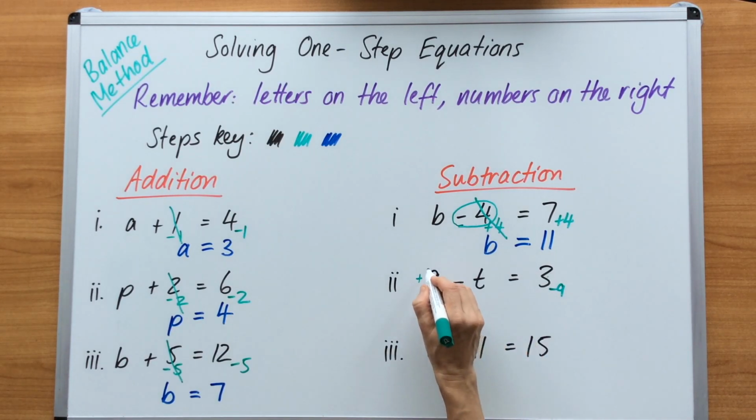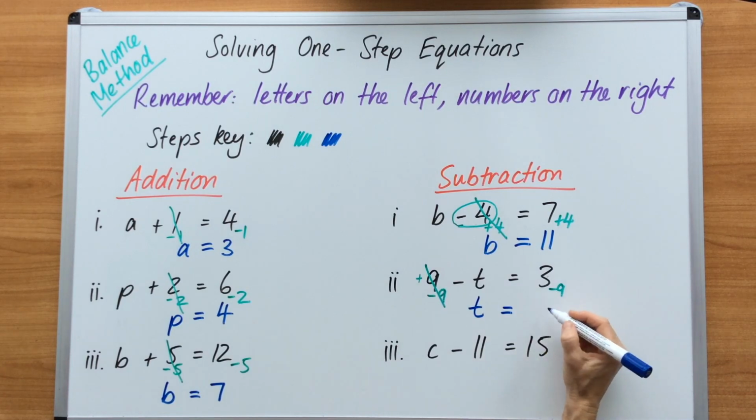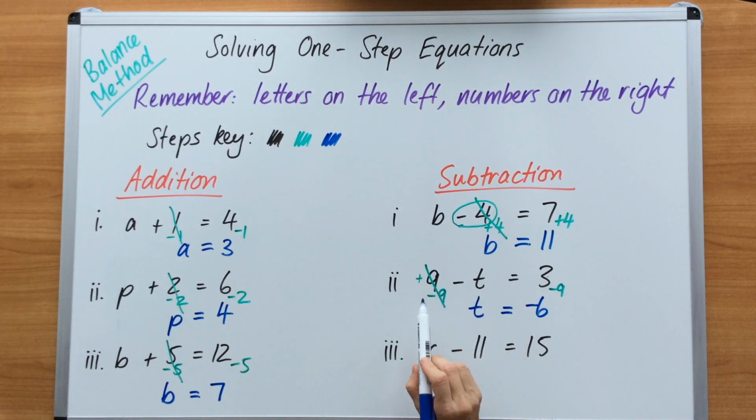So positive 9 minus 9 cancels out into 0. And we have to drop down the t equals, and we solve this. 3 minus 9 equals negative 6. So the value of t is negative 6. So if we substitute that back in, we will have 9, okay, minus 6 equals 3.